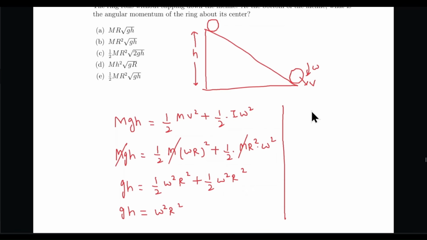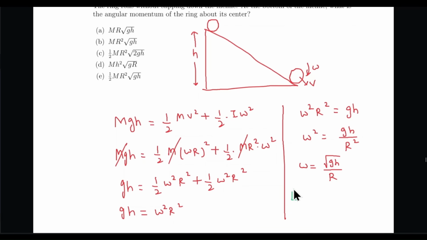Let's flip the equation. So omega square is gh over r square, which means that omega is root gh over r.